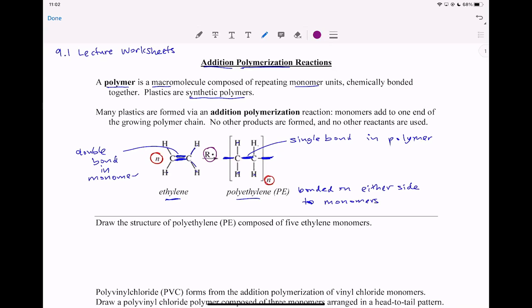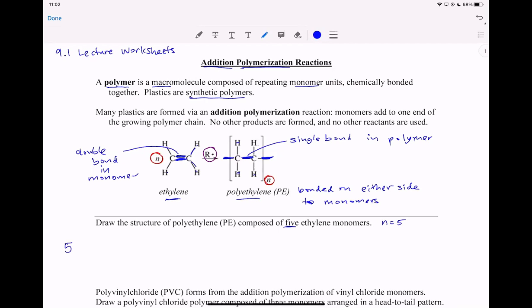And you notice it has that dot, that is a single unpaired electron. So let's take a look at drawing the structure of the polyethylene that's composed of 5 ethylene monomers. So we need 5 ethylene monomers. I'm going to start with that n is equal to 5. We need 5 of them. So this is 5.